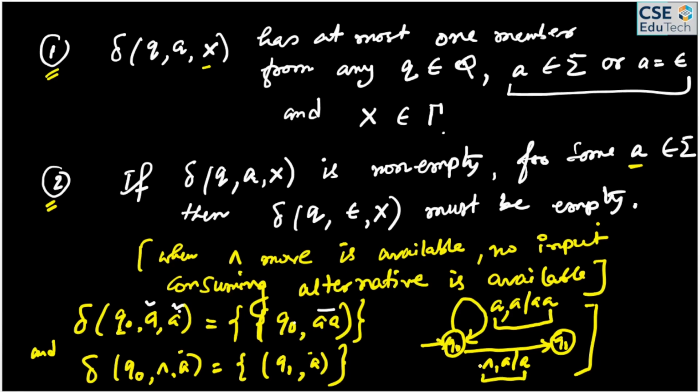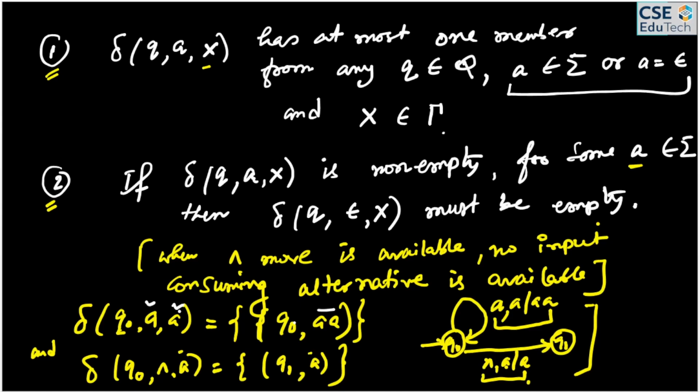You may read a or you may not read a symbol, but the stack top symbol is the same and you are in the same present state q0. If this is present in a pushdown automata, then obviously it is non-deterministic. If this is not present, then it is a deterministic pushdown automata.